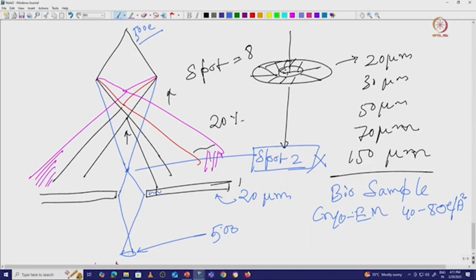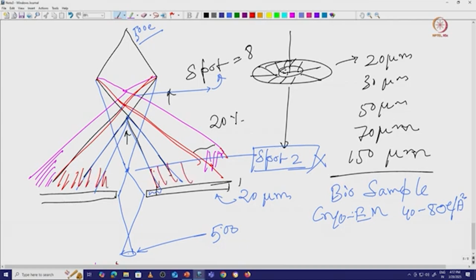Now the next condition: when we are increasing the spot size, consider that this is an electron, or this is an electron, coming like that. For a higher spot size, say spot size 8, this particular electron beam, if this is the red beam, here you can see this ray is coming, this ray is coming, but in all cases the majority of these rays are blocked by this aperture.